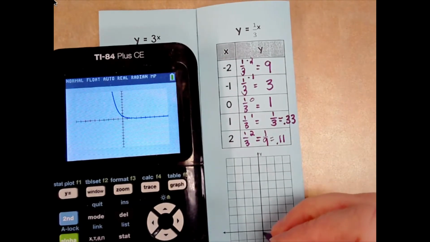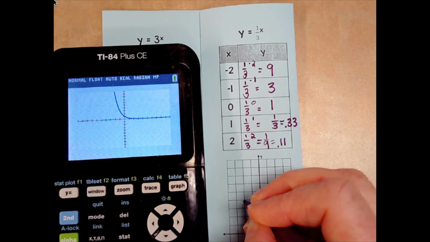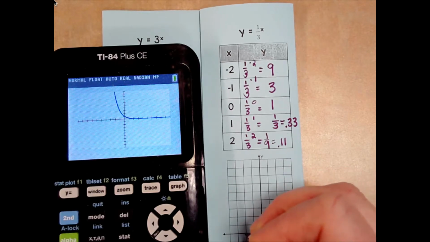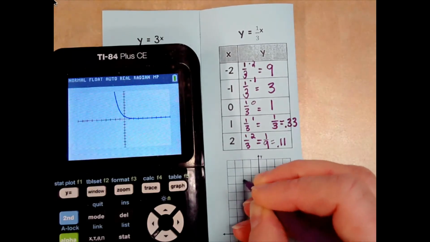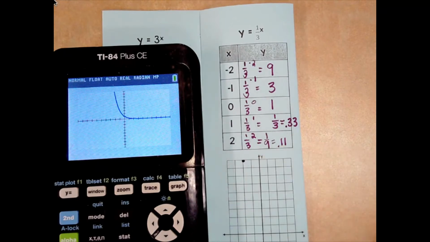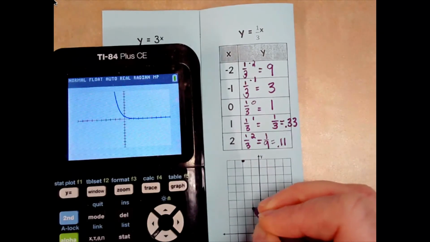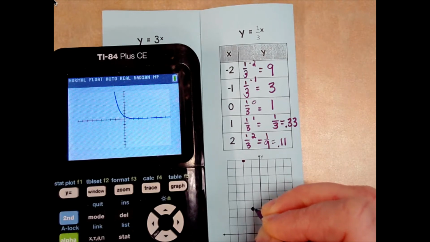So go ahead and graph it. So -2 to the 9, or equals 9. -2, 2, 4, 6, 8, 9. -1, 3. Did I do this right? Yeah.